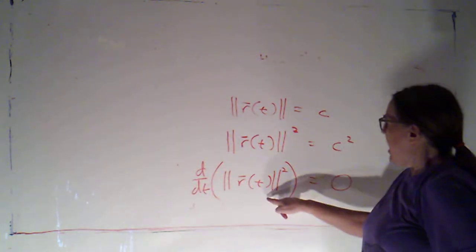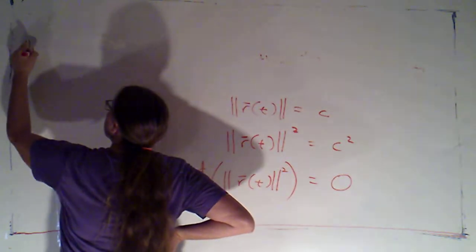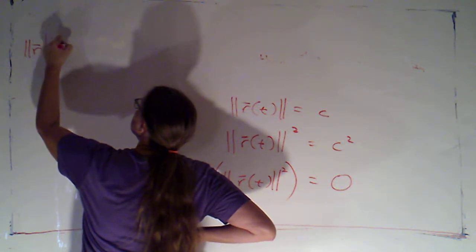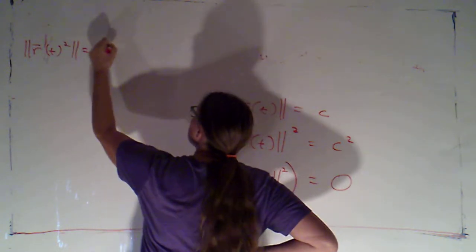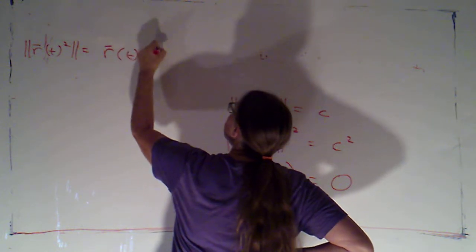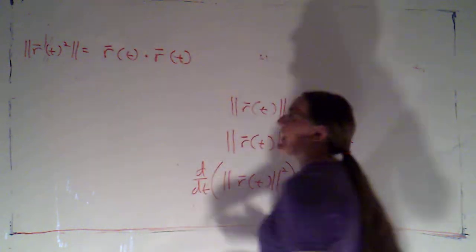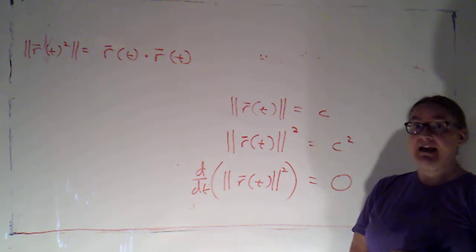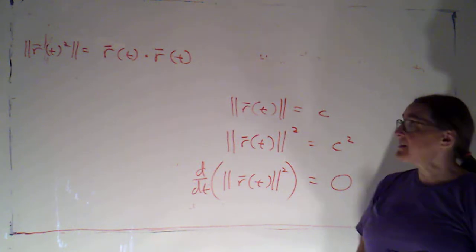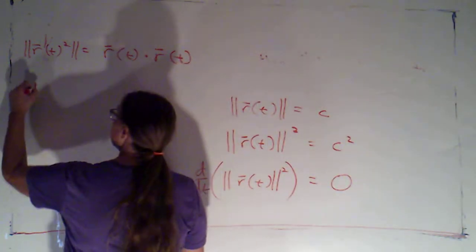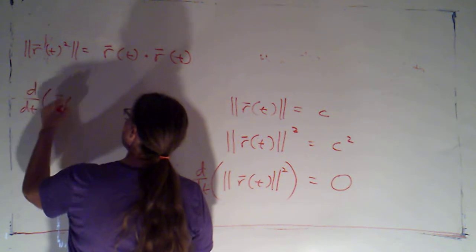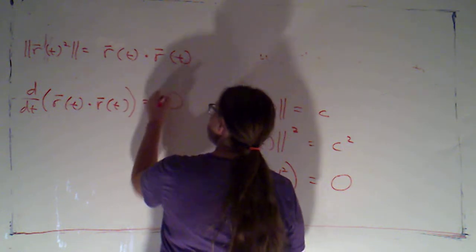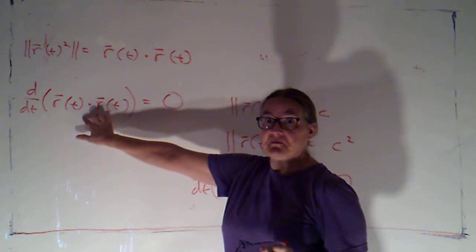Okay, but I know that the magnitude of r of t squared is the same as r of t dotted with itself. Remember, we've got that property of the dot product that if you dot something with itself, you get its magnitude squared. Well, that's kind of cool, because this is then telling me that the derivative of r of t dotted with itself has to equal 0, because this is constant.